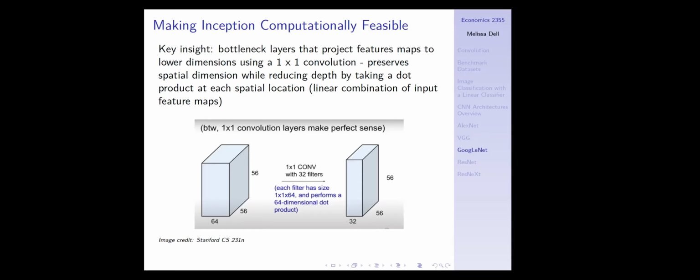It could be 5 different filters, whatever number you want in principle. But essentially you're taking this linear combination with these filters using your 1x1 convolution. And so you're not concerned about pooling information from different spatial locations, you're just getting rid of some of that depth in order to make things computationally feasible.